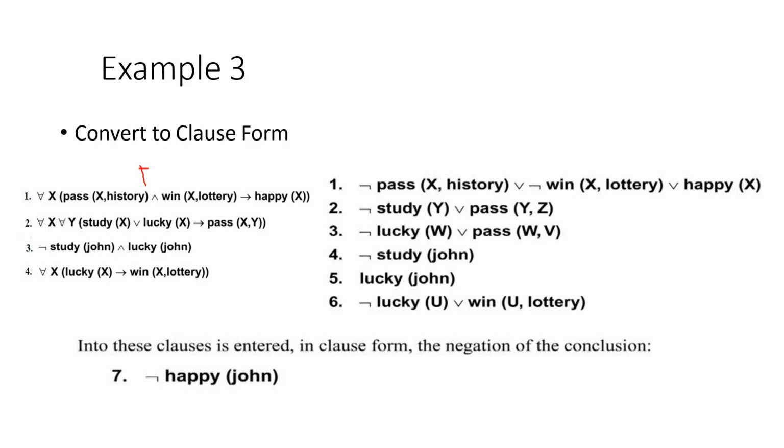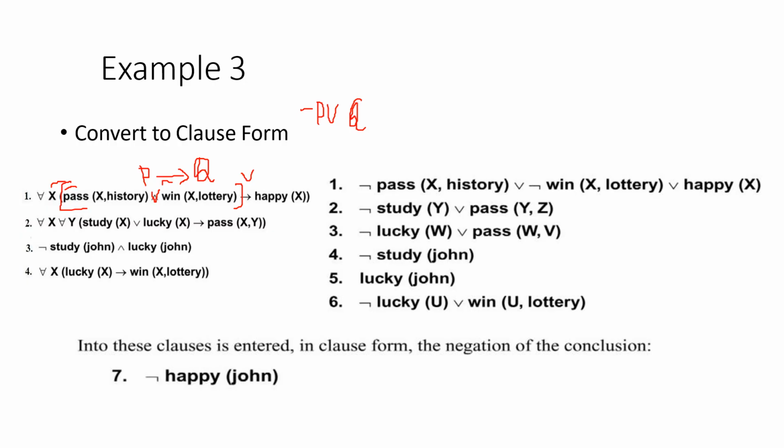This is in the form of P implies Q. Our first step is to convert this into not P or Q. So we get not of pass x comma history and win x comma lottery, or happy x.